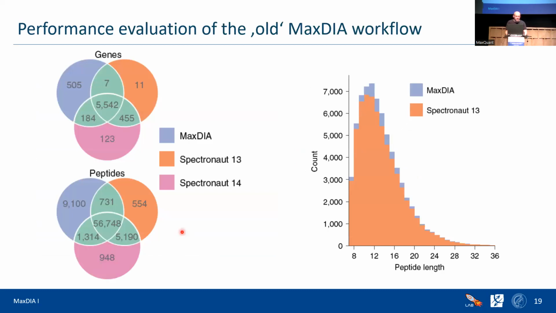Then let's look at an old benchmark. This was the benchmark when MaxDIA came out. At this time we were comparing to the Spectronaut versions that were out at the time, 13 and 14. They have newer versions by now. And at the time we were very happy to declare that we had more or less the same performance as Spectronaut.